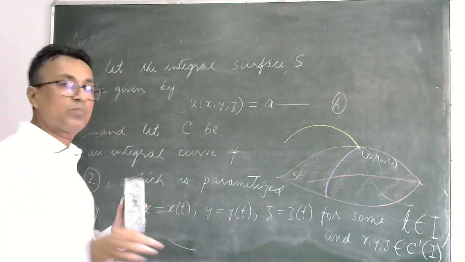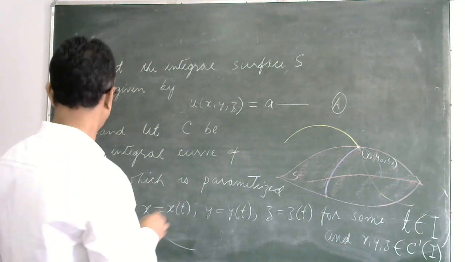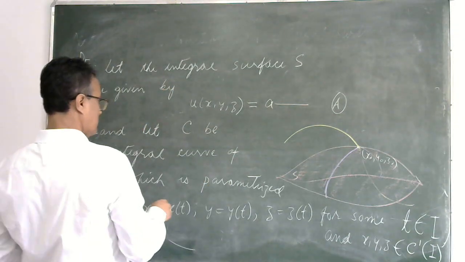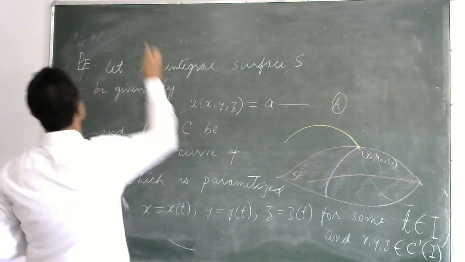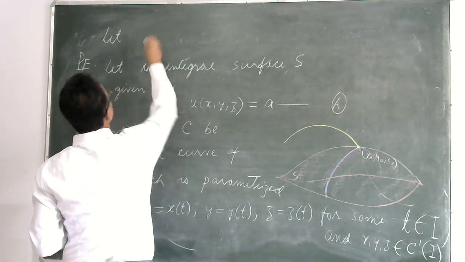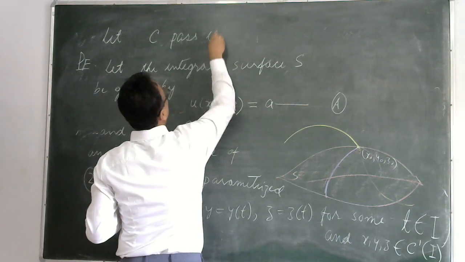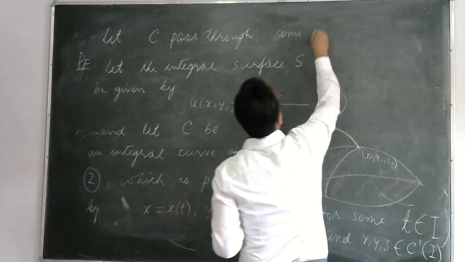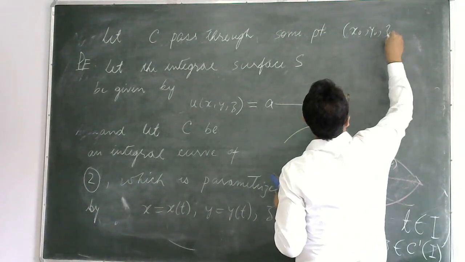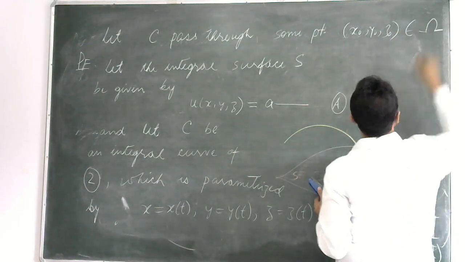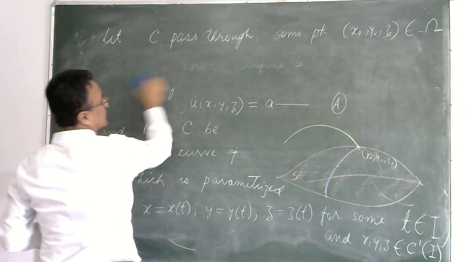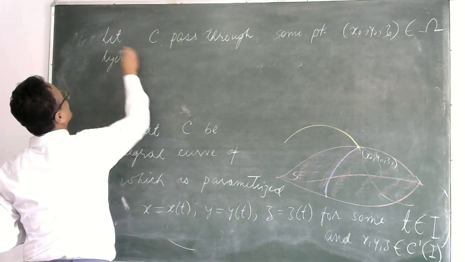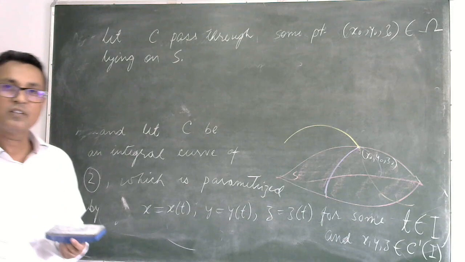Now I'll come to a fixed point. Let C pass through some point x naught, y naught, z naught, which lies on S. Is it okay?